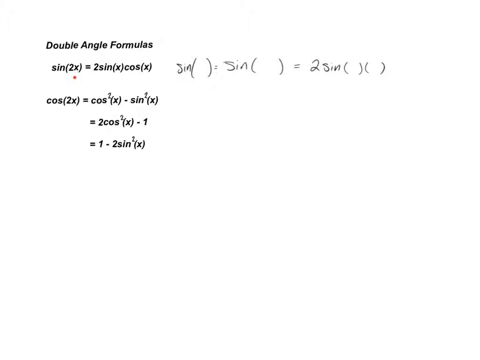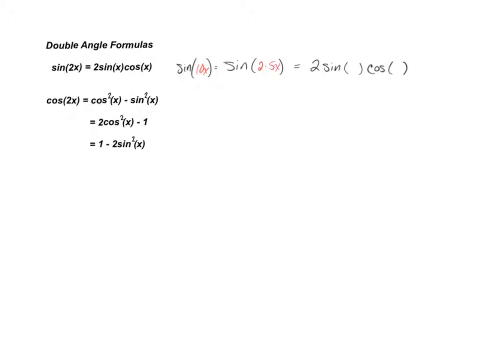Just to give you a sense of how these could look, though, if they're a little bit more complicated, you might see something like the sine of, let's say, 10x. And what you would need to realize is that could be written as twice as much as the sine of 5x.